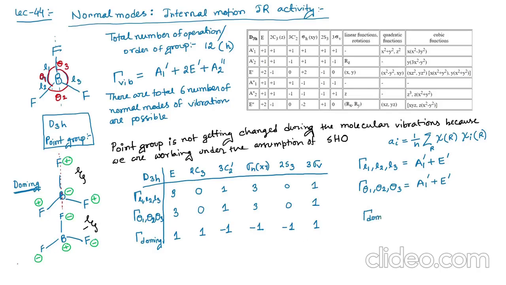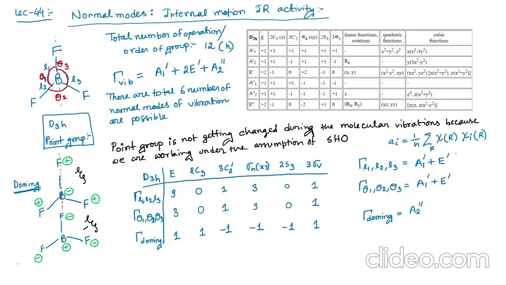Which symmetry species does this gamma doming actually belong to? If you see 1 1 -1 -1 -1 1, that is your A2 double dash. So the doming motion has the symmetry species A2 double dash, and your theta 1, theta 2, theta 3 have A1 dash plus E dash.